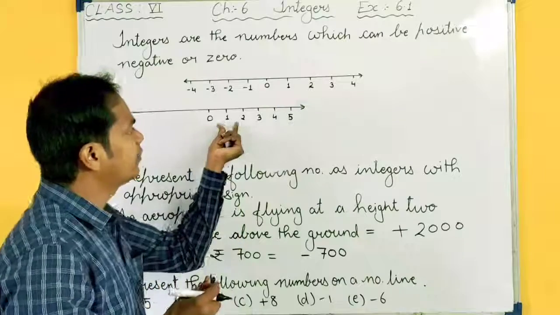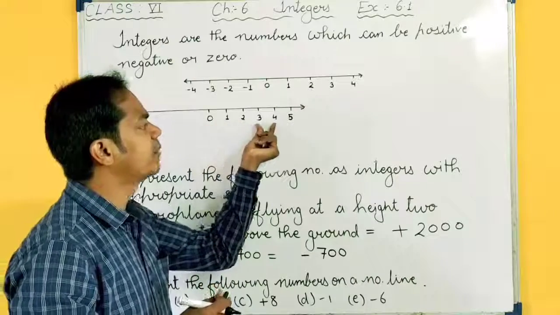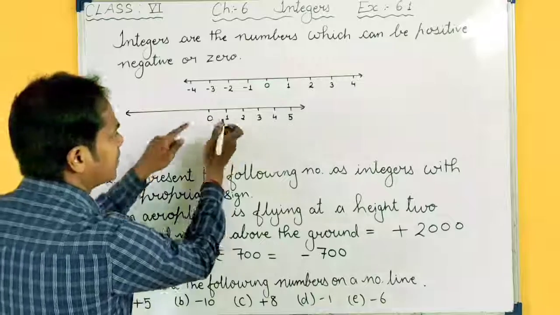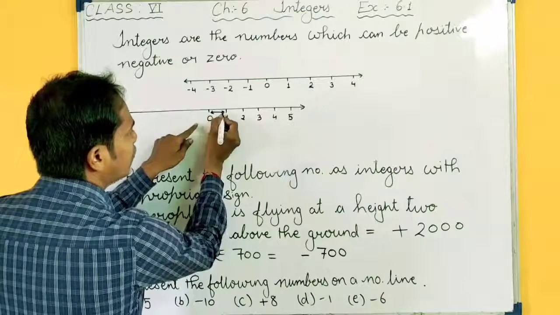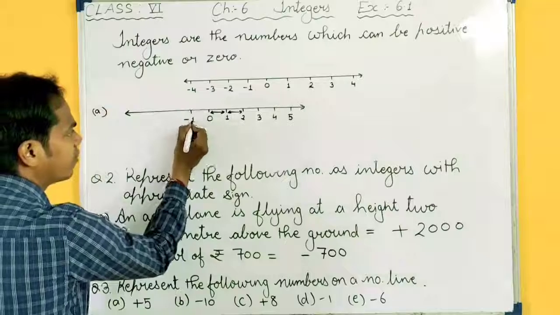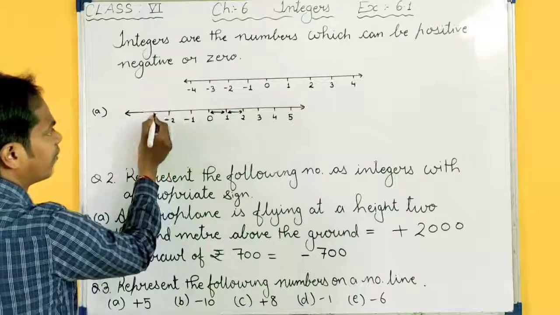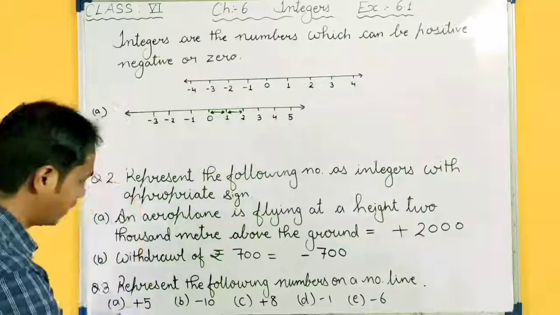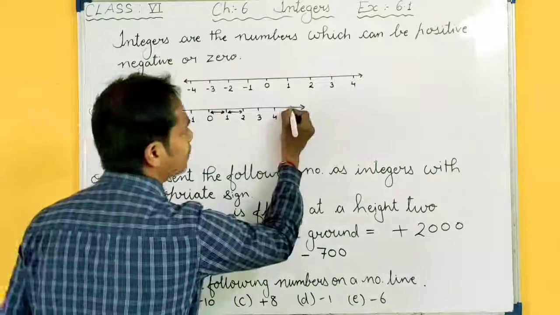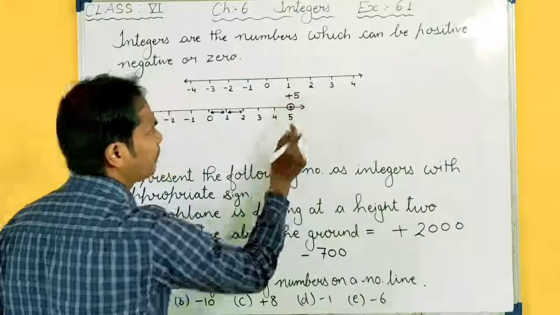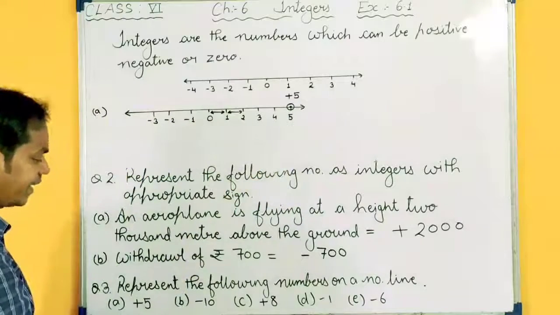The difference between the integers must always be the same. This gap must be of equal measurement. This side is your negative: minus 1, minus 2, minus 3. Actually I don't need the negative side, I want plus 5. So you can mark plus 5 here. This is the solution for A.